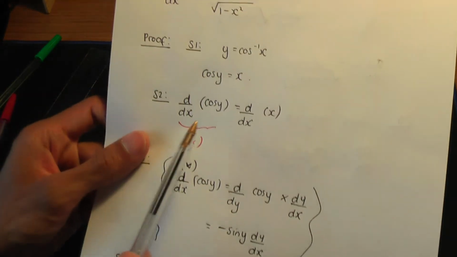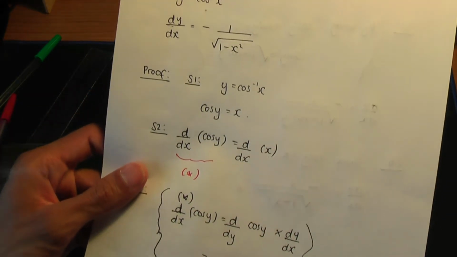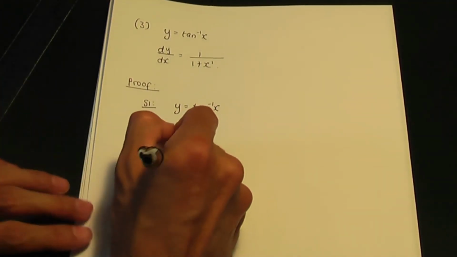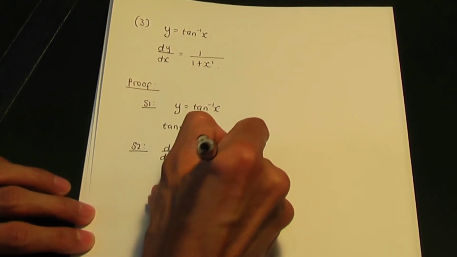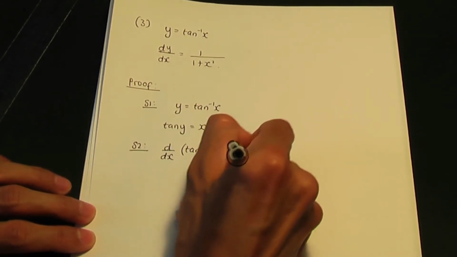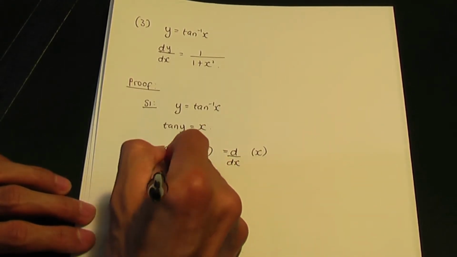So if you look at the previous derivation, we need to differentiate both sides with respect to x. So step number 2, we need d by dx of tan y, the left hand term. We also need to calculate d by dx of x, the right hand term.